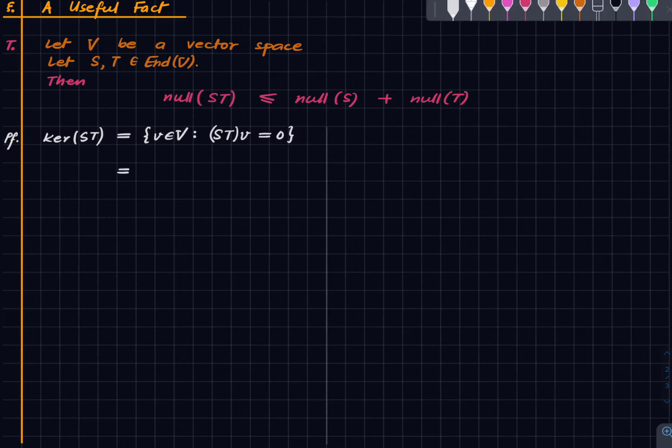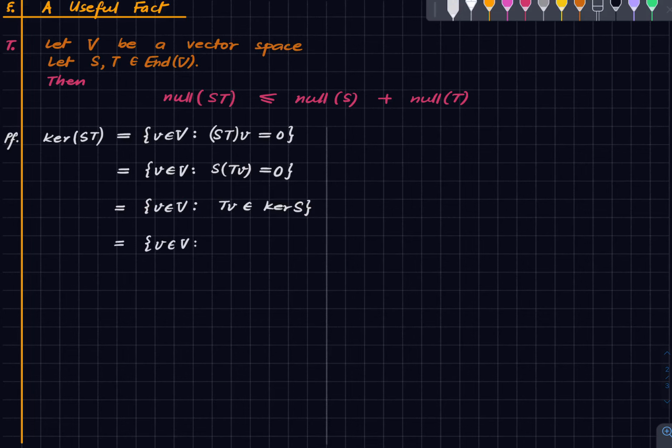Rewriting, this is the same as saying those vectors such that T of V is in the kernel of S. Saying that S of T of V is 0 means the same thing as T of V being in the kernel of S.